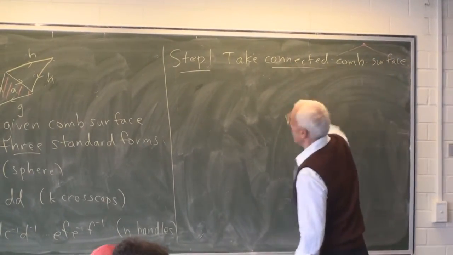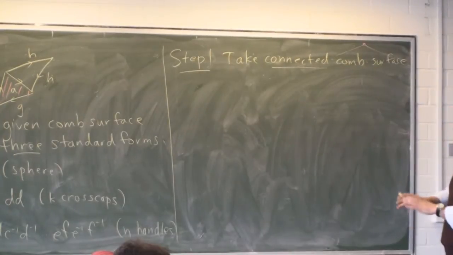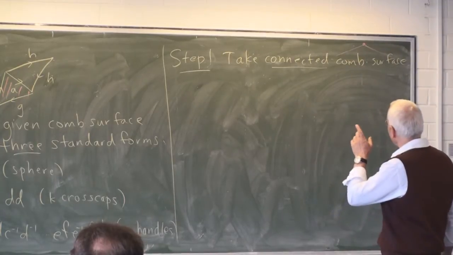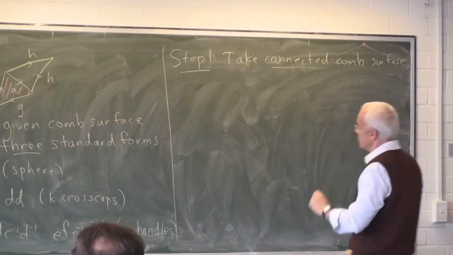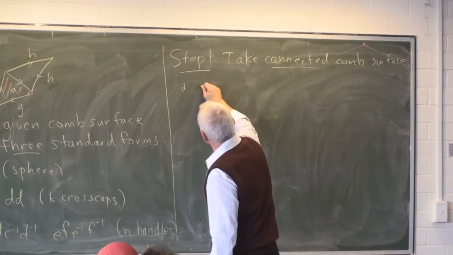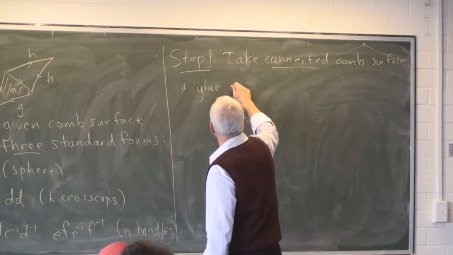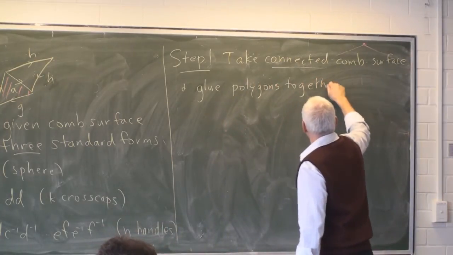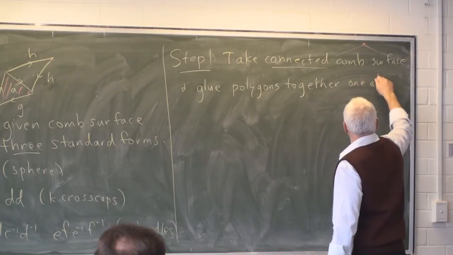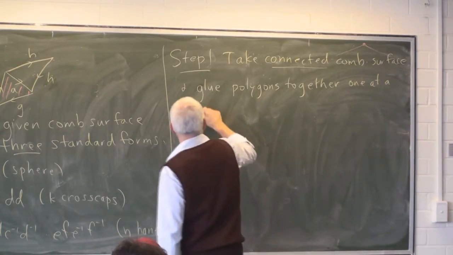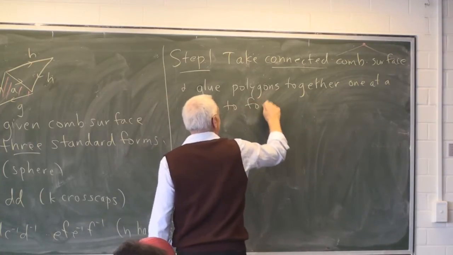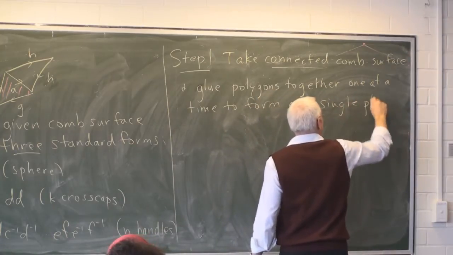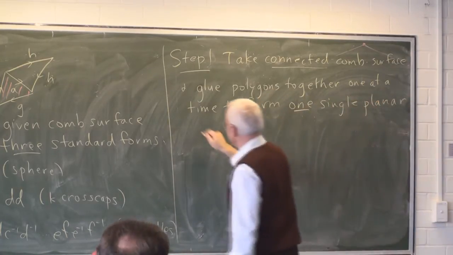I suppose I should have mentioned that we're assuming that thing is connected in the sense that we can put all the polygonal pieces together, and what we do is we take our surface and glue or match the polygons together one at a time, to form one single planar polygon.